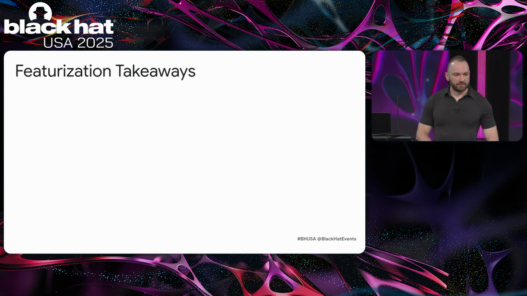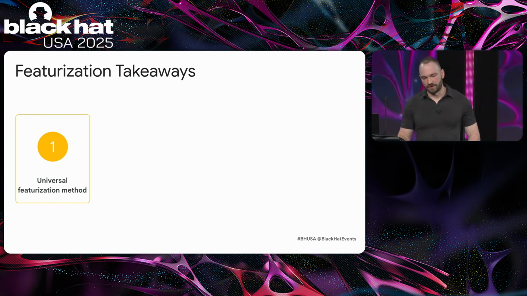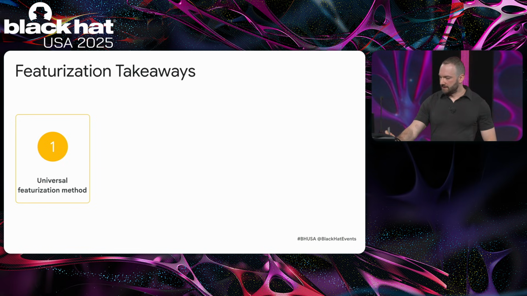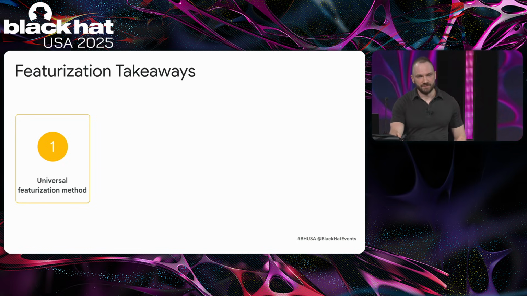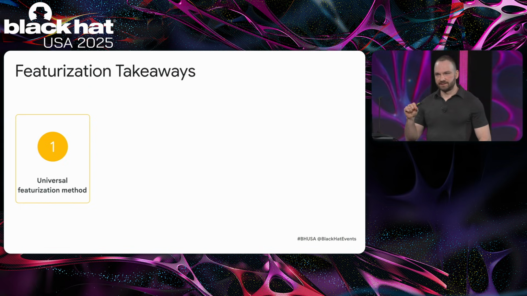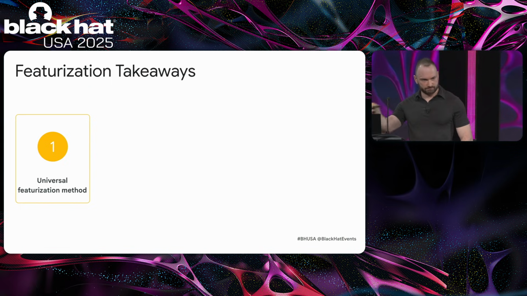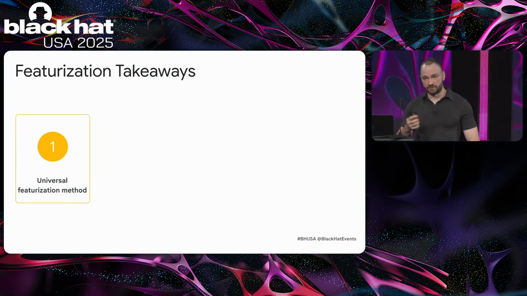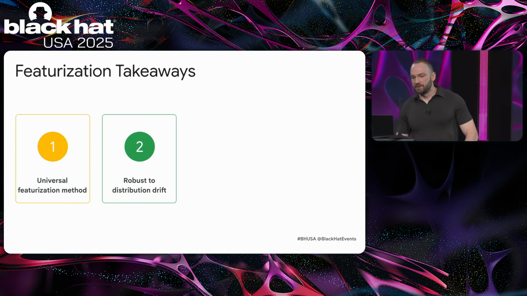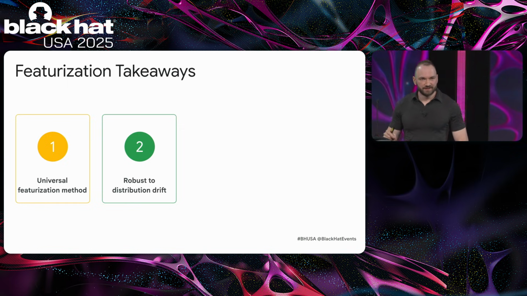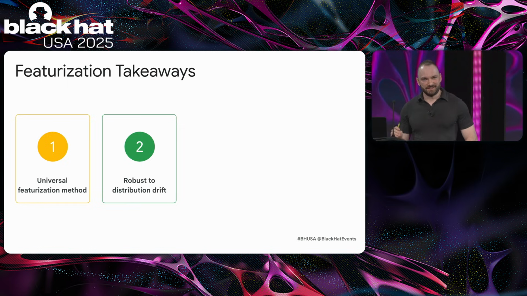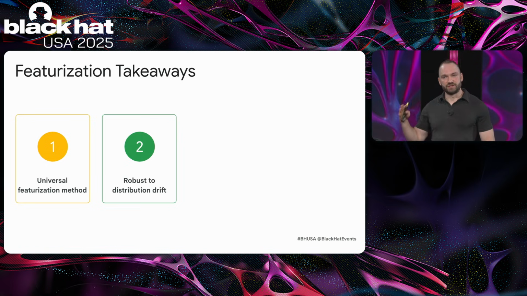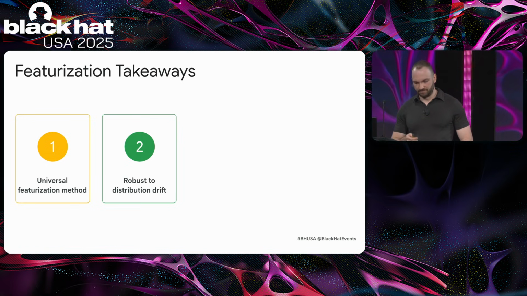So here are the key takeaways for our featurization of users and resources. First, the featurization methods are universal. They are meant to work easily across resource types and user types, and in some ways, company structures as well. They are robust to distribution shift because the set of user IDs in a corporate environment does not change that fast, essentially.